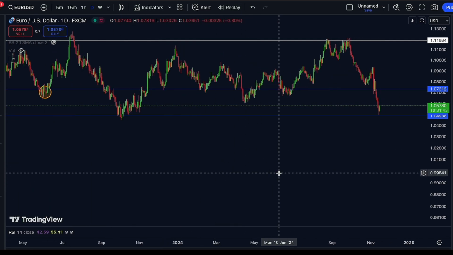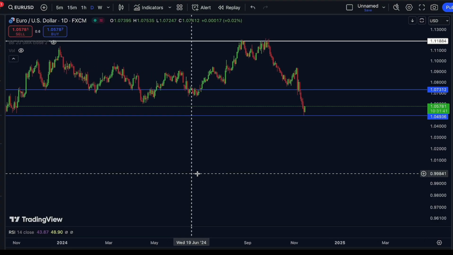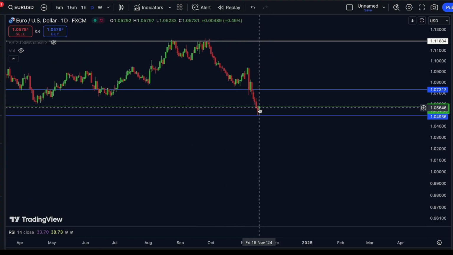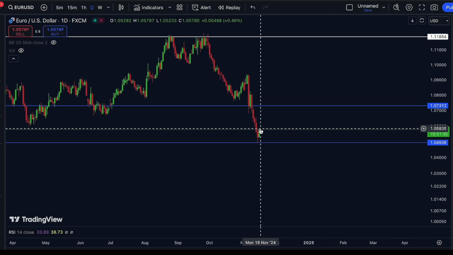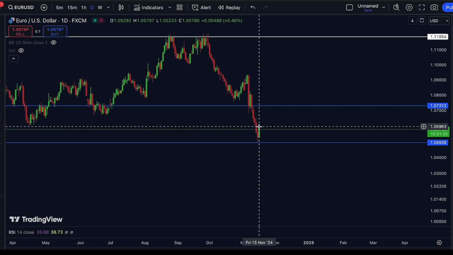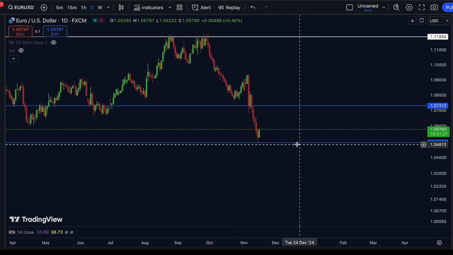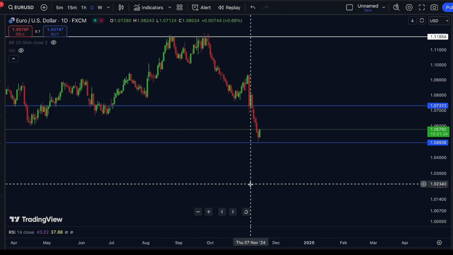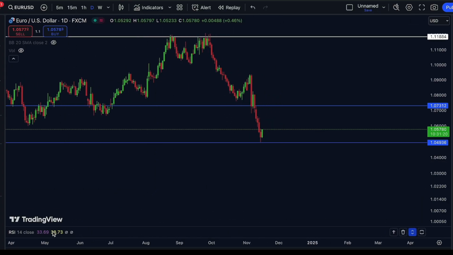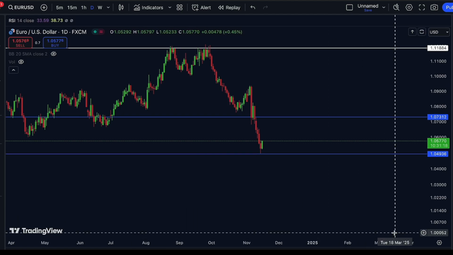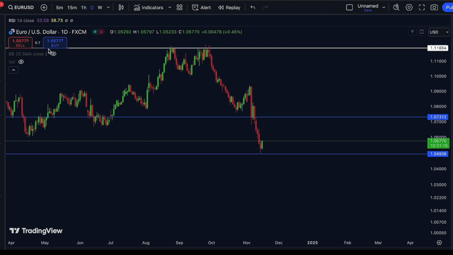Apart from this, you can observe that a bullish engulfing pattern is being formed as of today, and if this pattern closes above somewhere over here, 1.05963, we can expect a reversal soon. Combined with momentum indicators like RSI, we can look for a clean reversal in price.